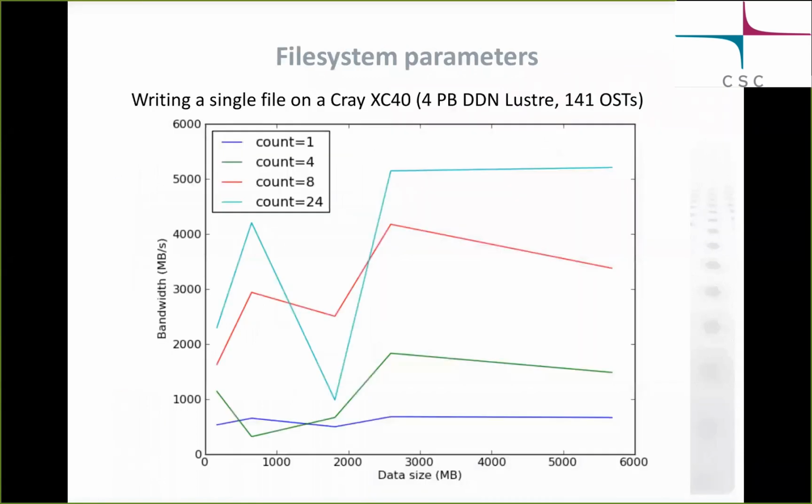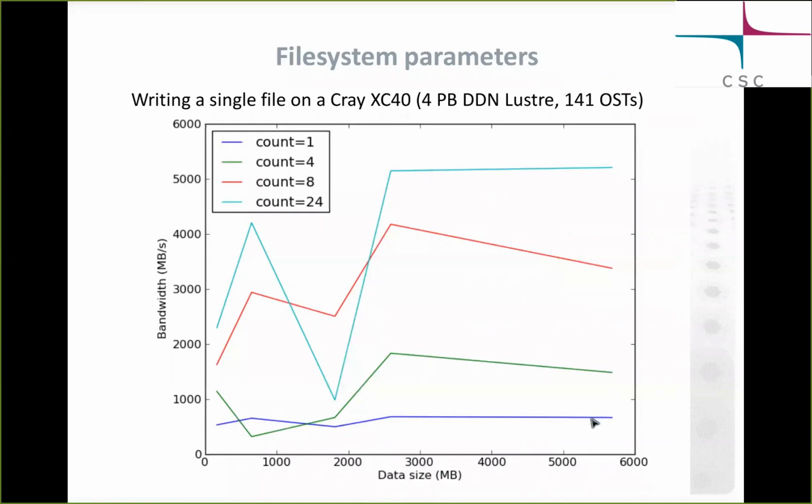So for instance, on a SISU measurement, if writing some kind of an intermediate size file, ranging from 1 to 6 gigabytes, with the default the I/O speed is somewhere below 1 gigabyte per second, so 700 megabytes per second perhaps.